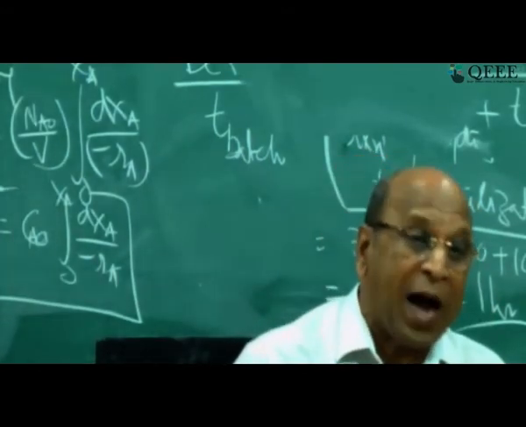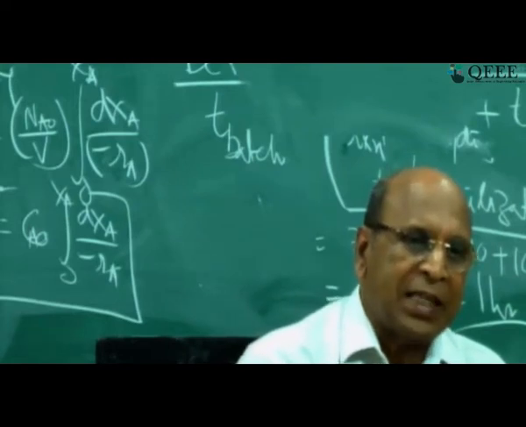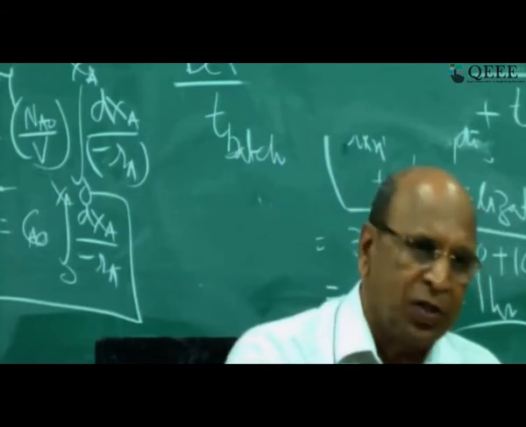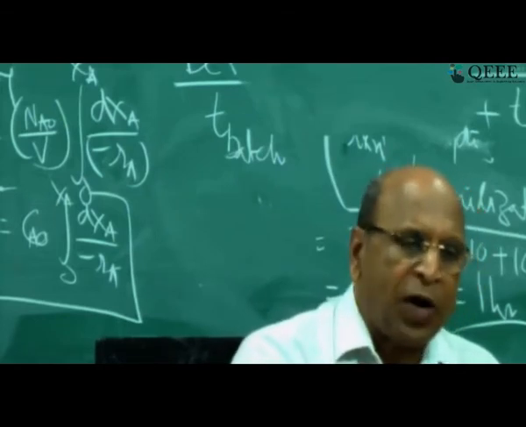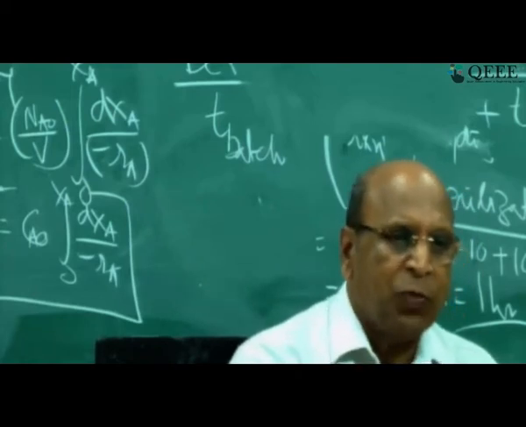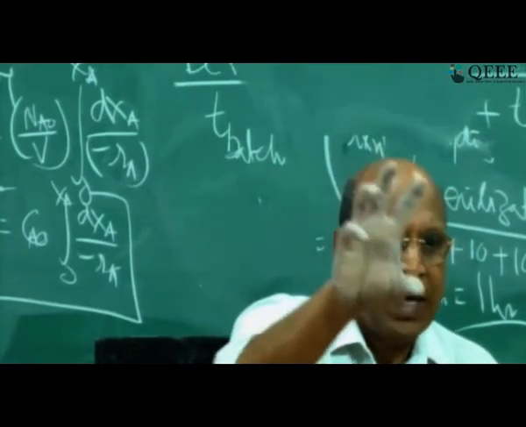Otherwise you can't achieve ideal plug flow conditions. So then you may say, what is the point? How can you use infinity velocities? You cannot use. But when you are using almost 40,000, 50,000 Reynolds number for gas phase and liquid phase, then you can approximate that as a plug flow reactor.